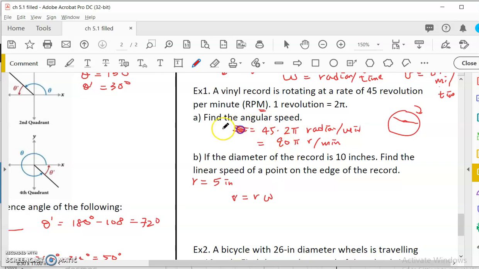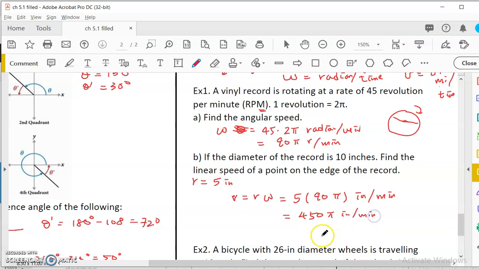So r omega would be r is 5, omega is 90 pi, and now I have inches per minute, because this is 5 inches and omega has no units, so it's 450 pi inches per minute.